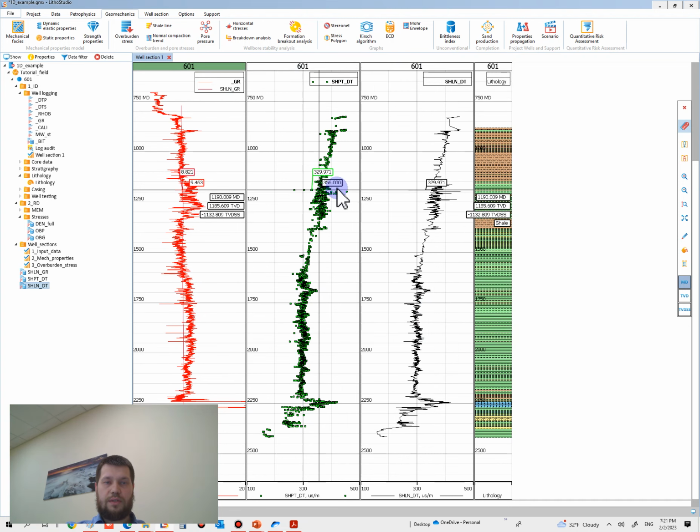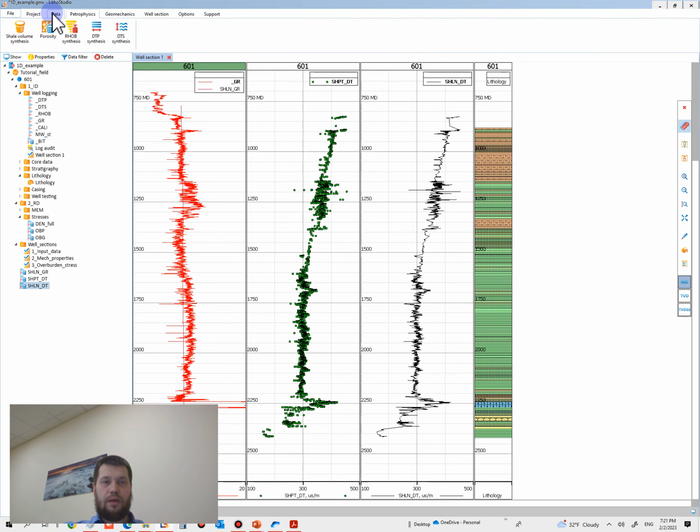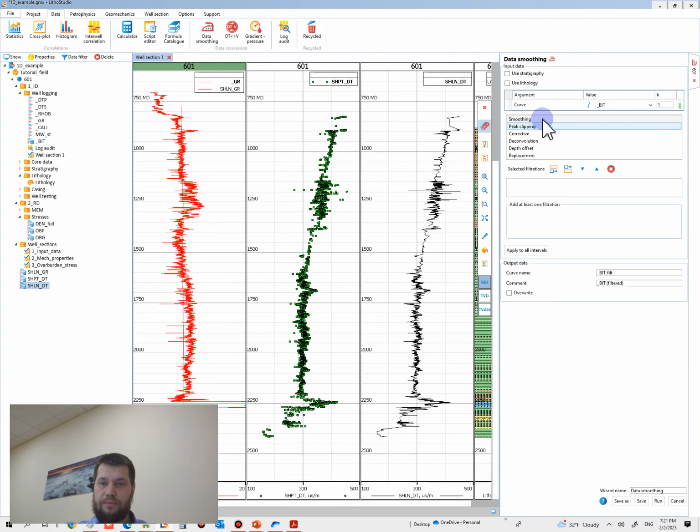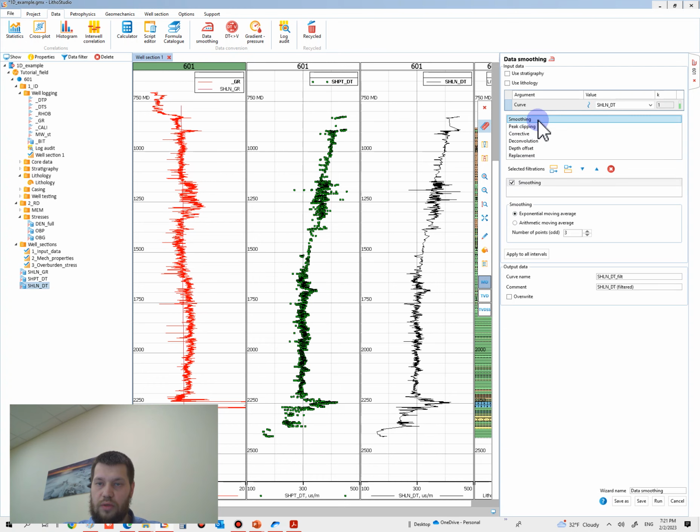And for convenience, I prefer to make filtration, data smoothing of this curve. Let's select Shale line DT and smoothing. Let's make an exponential arithmetic moving average by 101 points. Okay.